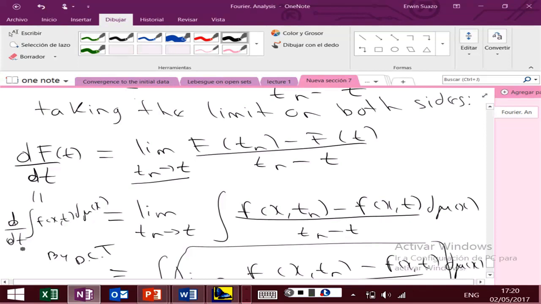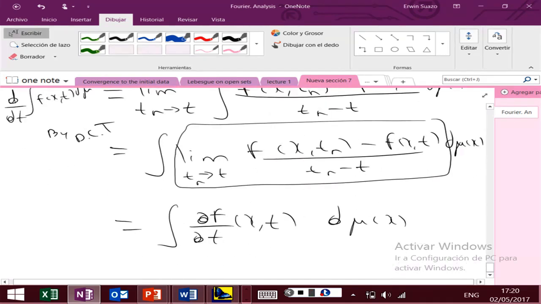So that's the definition of capital F, right? It is the integral of f of x t d mu of x. And I have the derivative of capital F. So the derivative of capital F is, but also capital F is the integral of f of x t d mu of x. So all this concludes that these two are equal.